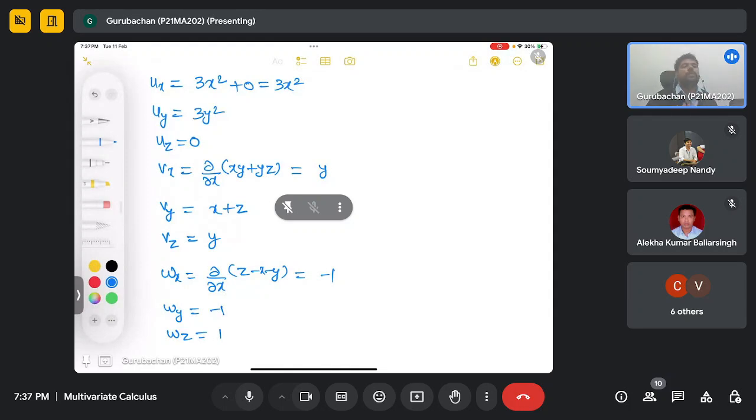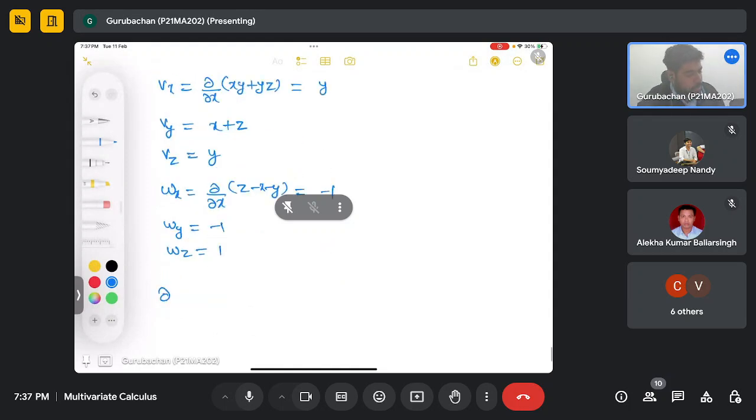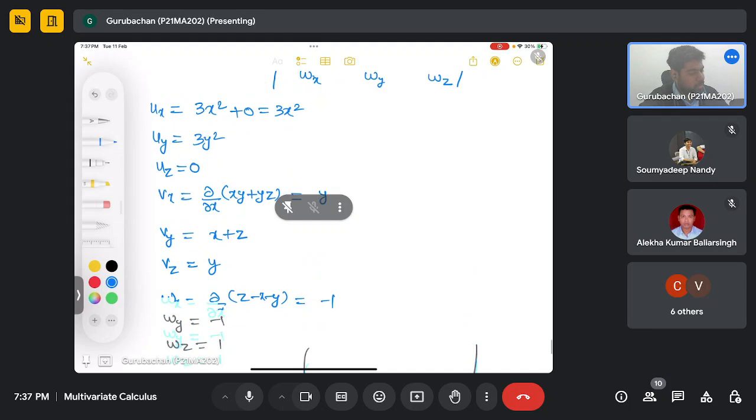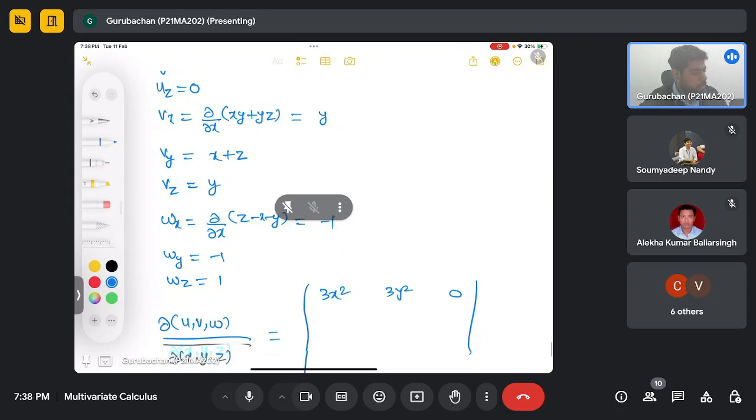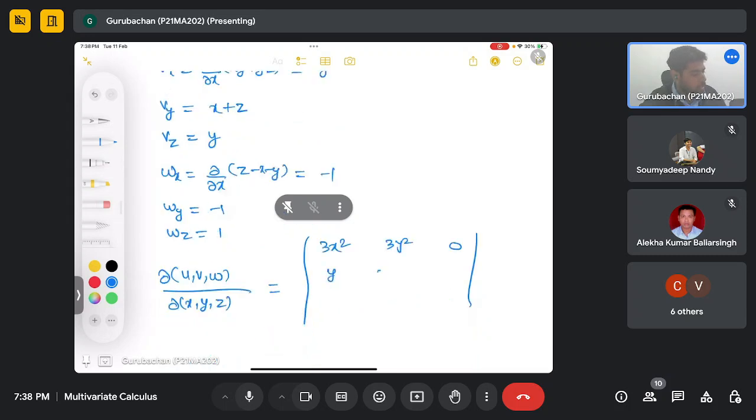So we need to put these values in that Jacobian to find out that value. This will be del(u, v, w) by del(x, y, z). So this will give us 3x square, 3y square, and 0, and the other rows are y, x plus z, y, and minus 1, minus 1, 1. Oh, I'm sorry. Thank you. We have written here 1, but by mistake I have written it as minus 1.